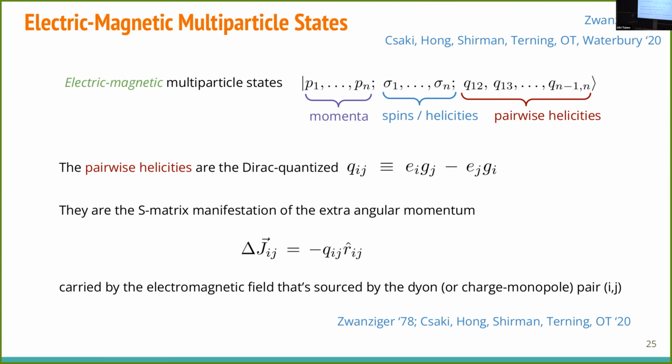But if I have 2 mutually non-local particles, then I'll have a half integer here, which is non-zero, which will give me a different transformation group. So these qs are e_i g_j minus e_j g_i, and they're quantized by the Dirac-Schwinger-Zwanziger quantization. This is the quantum manifestation of this angular momentum that we saw in the classical example, and we can show it formally by taking the classical limit of the quantum scattering amplitude.